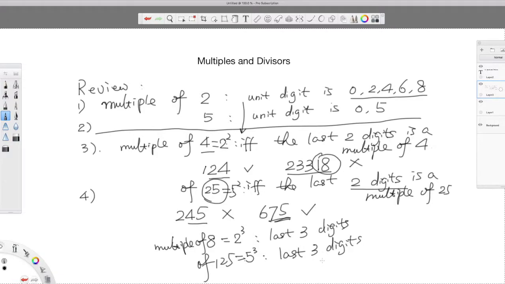So now, can you make a guess about what makes a number a multiple of, let's say, 2 to the 5, which is, of course, 32? What's your guess? All right.